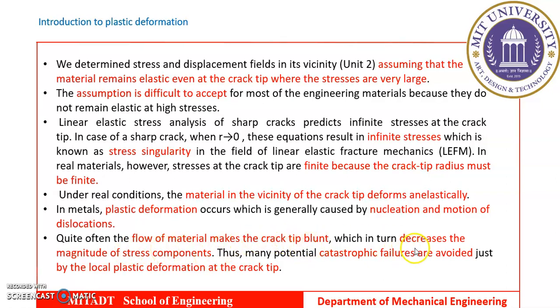Thus the catastrophic failures can be avoided if there is plastic deformation at the crack tip. That means wherever there is a local plastic deformation at the crack tip, that will help to reduce the catastrophic failures. That is the positive side of plastic deformation at the crack tip.